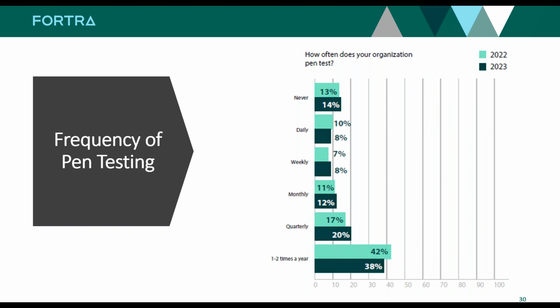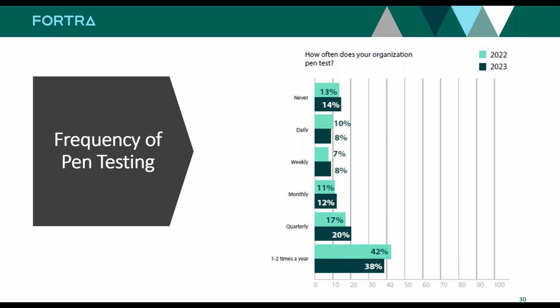So when we asked pen testers out in the world, and these were responses across the globe, those that were running monthly or even quarterly tests, so 12% were running monthly and 20% were running quarterly, those we find are more likely to be having that testing and retesting, putting in the remediation steps without putting that strain on their resources.